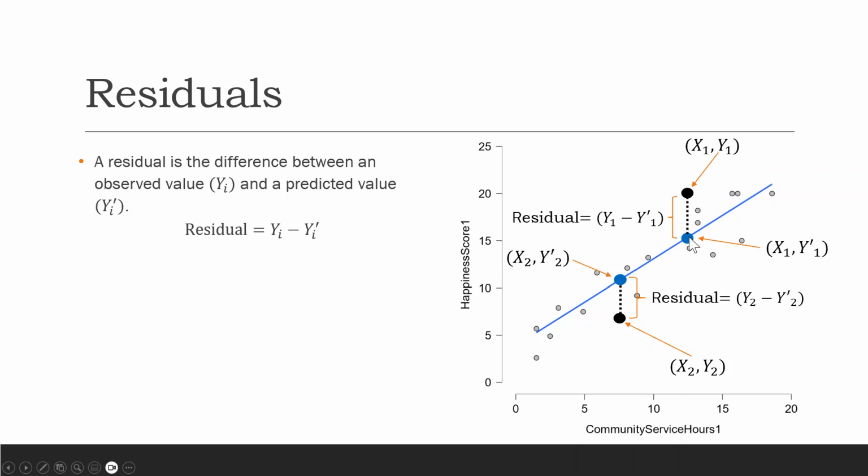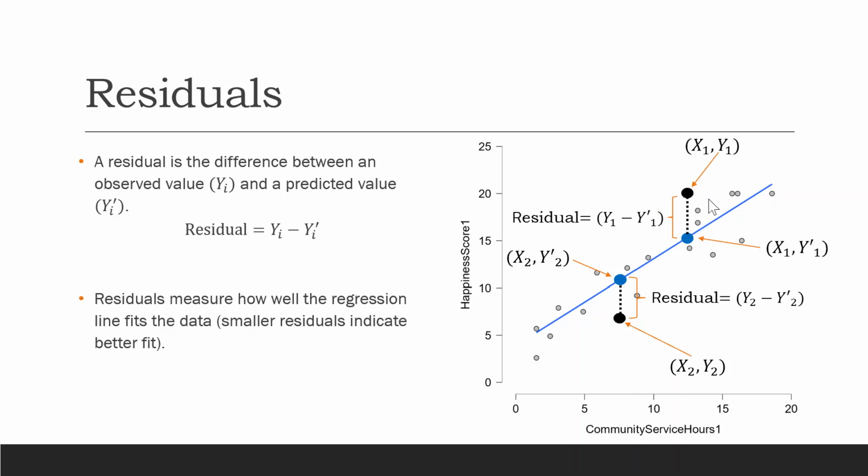Because we have points on either side, we're going to have some residuals that are positive and some residuals that are negative. But we want to pay attention to the size of the residuals because the residuals really provide us with a measure of how well the regression line fits our data, right? And it's because the smaller the residual, the better the fit, right?